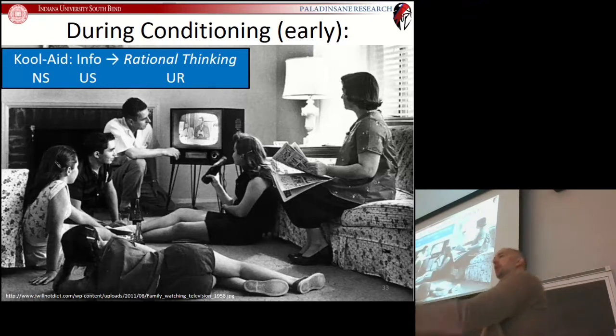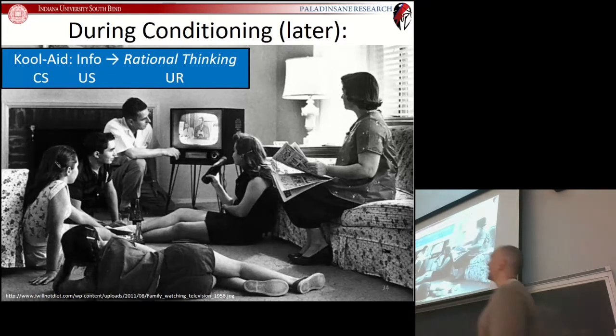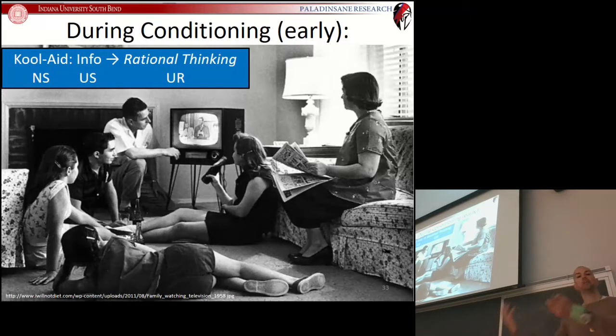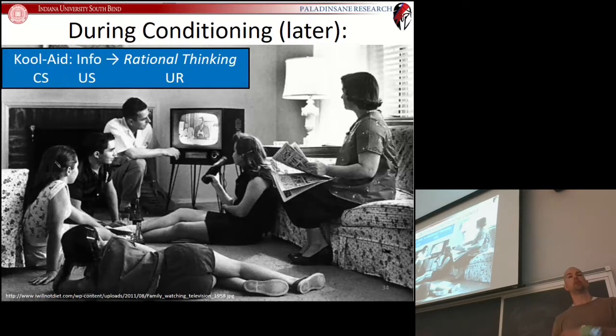As the commercial goes, and upon repeated viewings, when you pair these over and over again, Kool-Aid with the information, Kool-Aid with the information, what happens through classical conditioning is eventually that Kool-Aid package, that packet, turns into a conditioned stimulus. So it changes from its neutral stimulus early on, through repeated viewings of this commercial, into a conditioned stimulus.